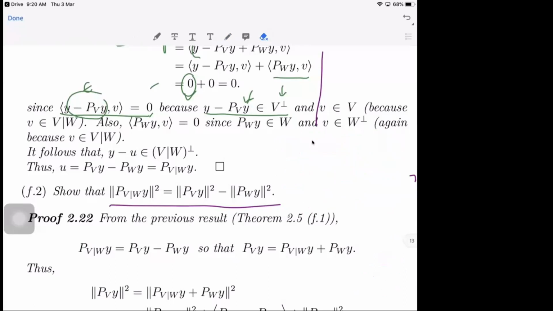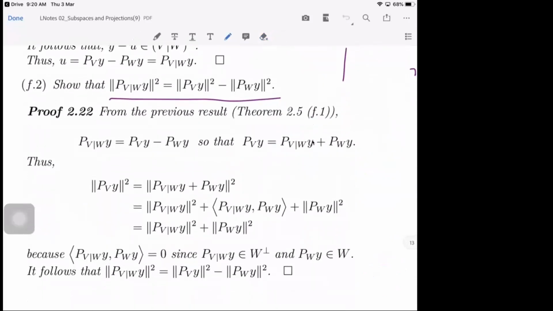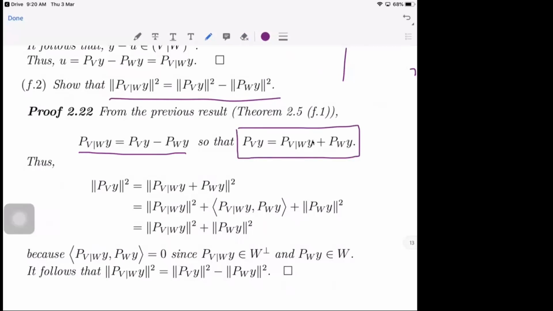Okay, so let's look at the proof of this. You know that from the previous result, rewriting it, you can write it as the projection of y onto V is the sum of the projection of y onto V mod W and the projection of y onto W. Getting the square norm of both sides, you have C equal to A plus B, get the square, equal to A square plus 2AB plus B square.